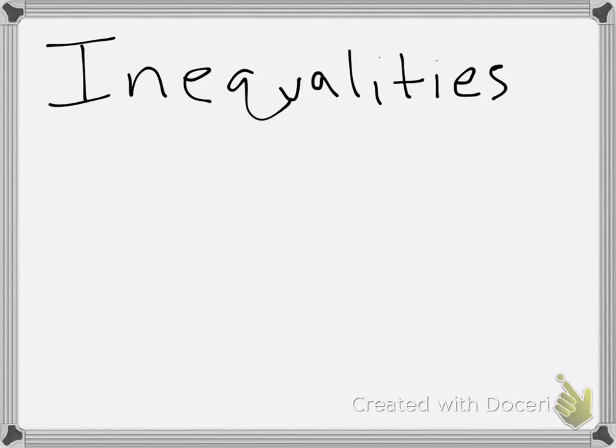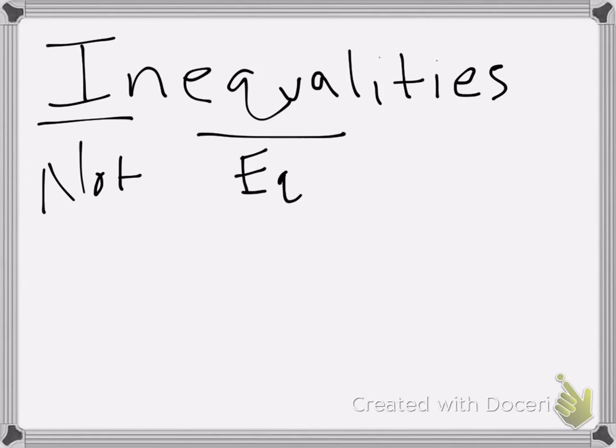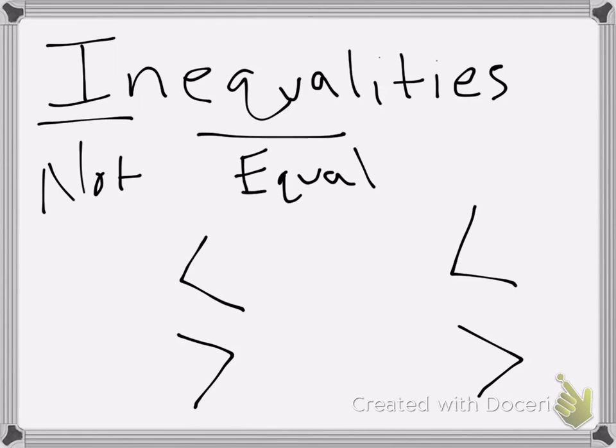Inequalities. Alright, inequalities. Well, guess what? It says unequal. So, not technically equal is what we're looking at. So with inequalities, there's the inequality sign of this and this. There's also the ones that are also equal technically, but they're also inequalities, because of the line underneath.